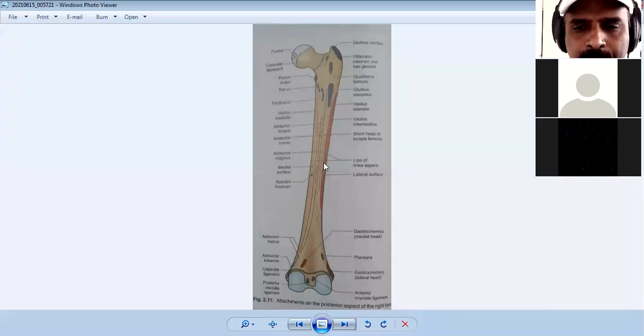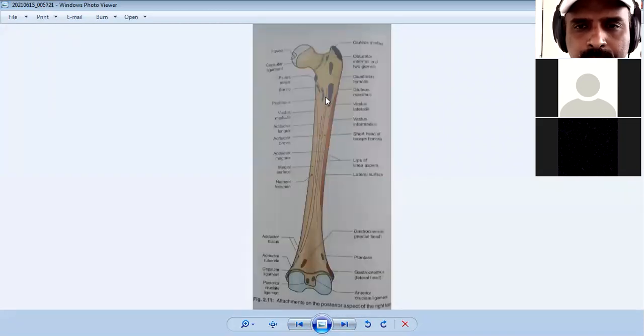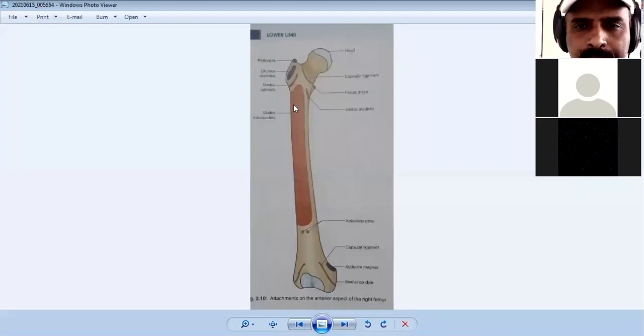Then it has four surfaces: an anterior surface, then the posterior, medial and lateral surfaces.